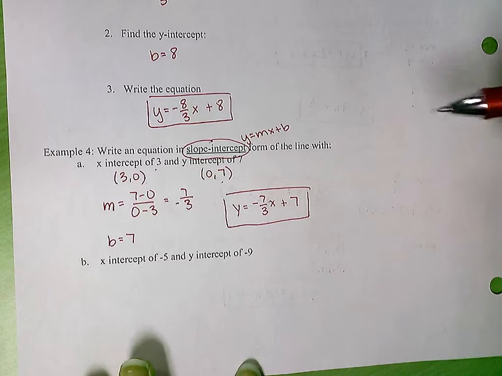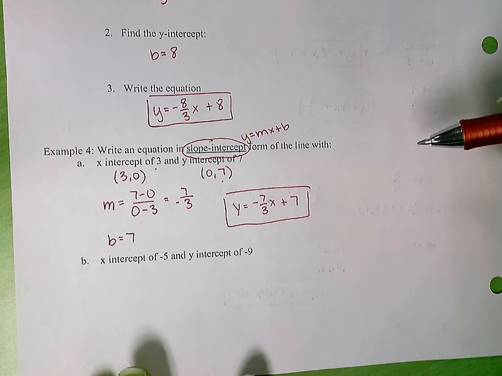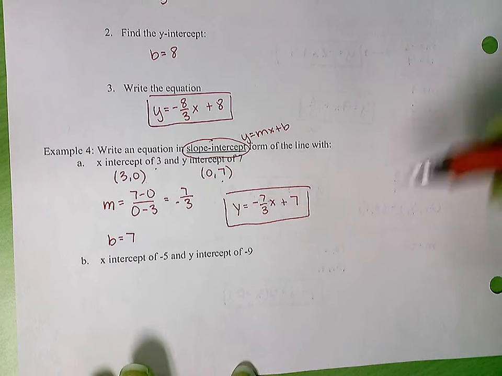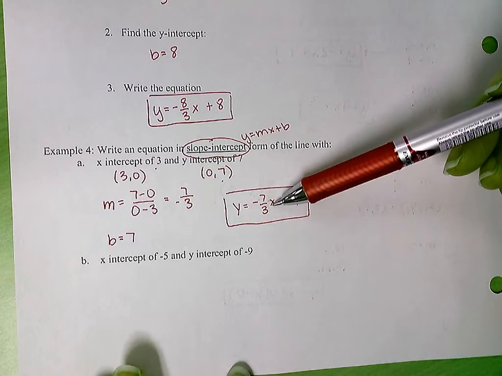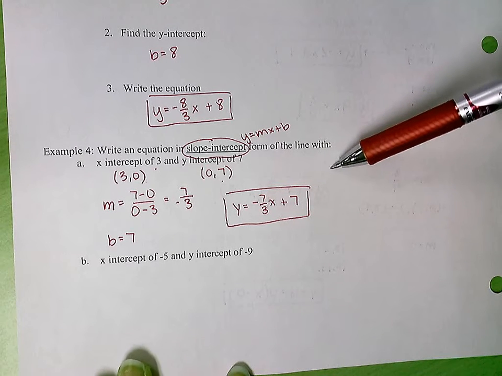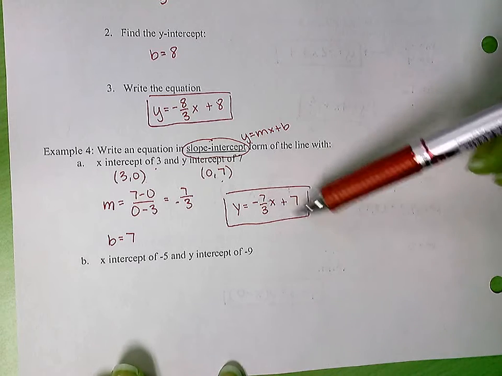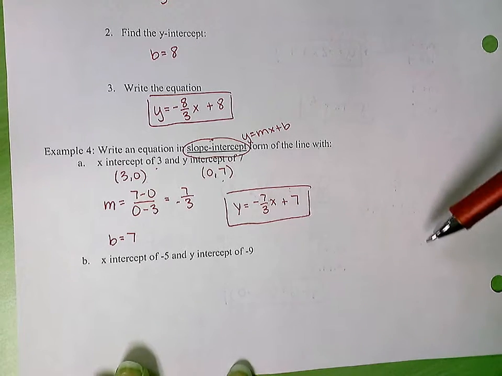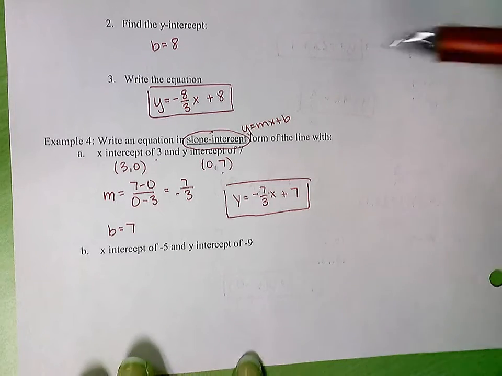I think you have a couple problems on your homework like that. Does that make sense? Same thing with perpendicular, except you take the opposite reciprocal slope first. Then plug in the point it wants you to go through, whatever point that is, for x and y, find your y-intercept, and then write out your equation. So it's just a couple extra steps there.